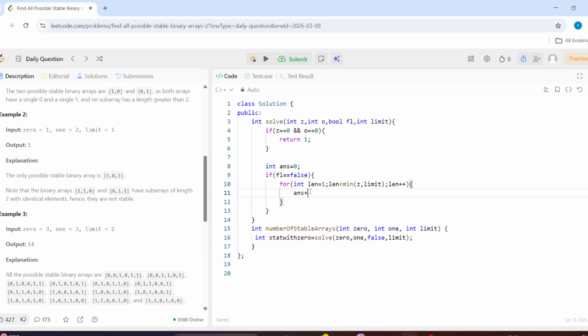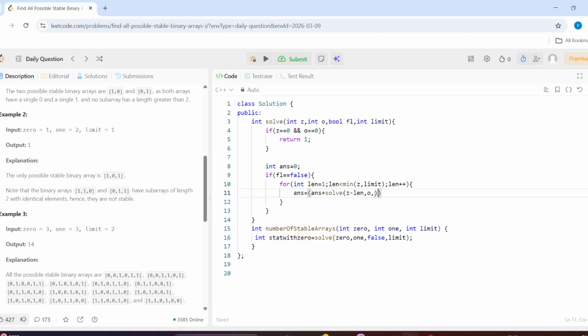Here answer equals answer plus solve, where z becomes z minus len, this amount of zeros we have left, and o will be as it is, and now we have taken 0.